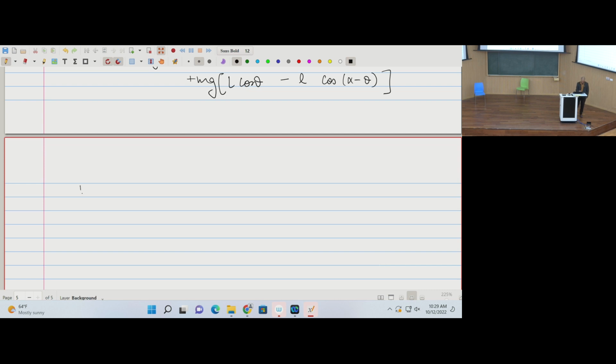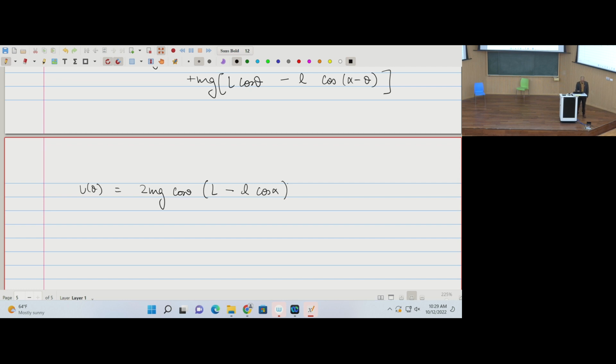That's more important. So U as a function of theta is twice mg cos theta times capital L, that's the length of that pivot rod, minus small l cos alpha. Small l is the length of the long rod that connects the masses with the pivot rod.